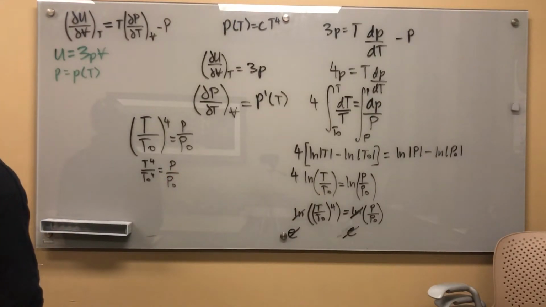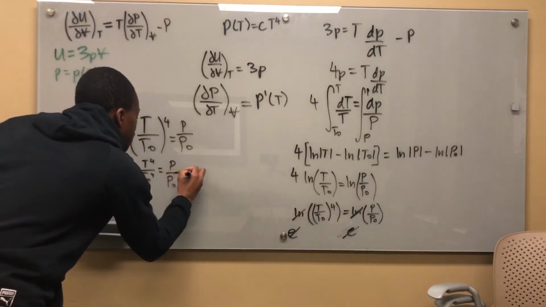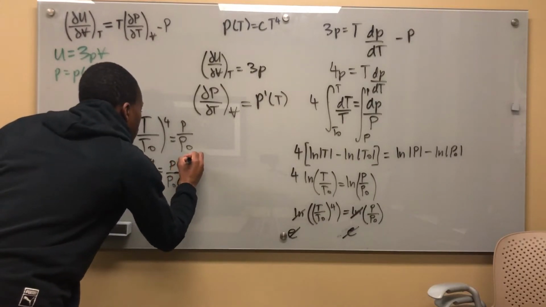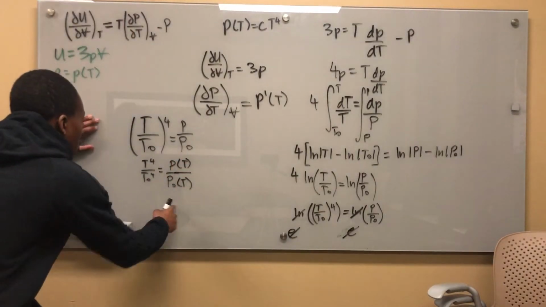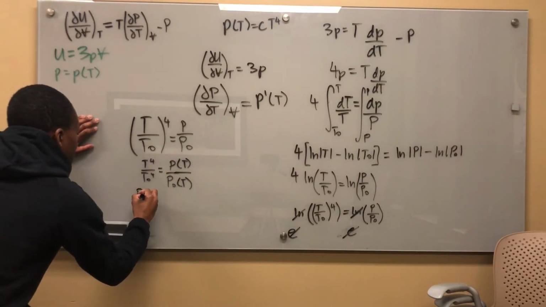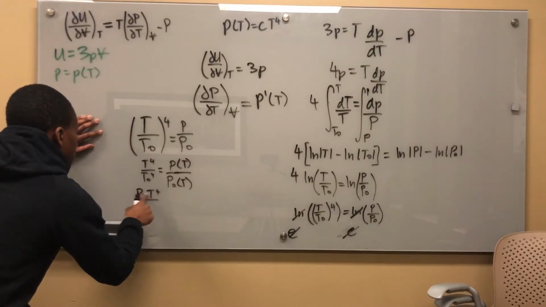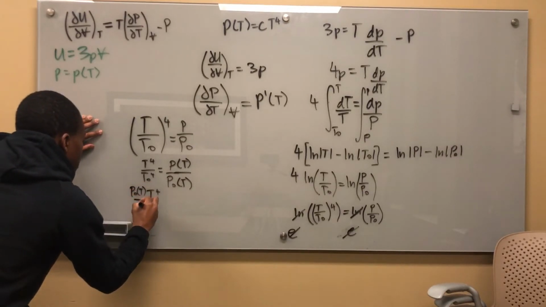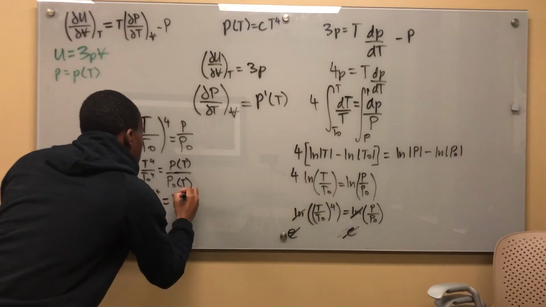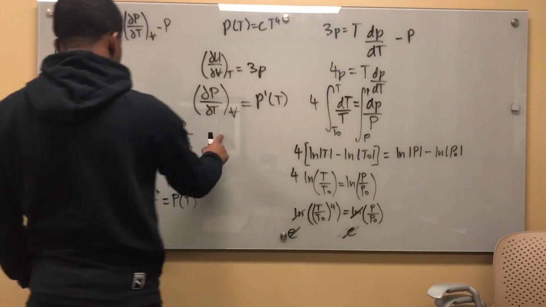Now, I'm trying to solve for this P, right? Yes, because these P's are just functions of T's, right? They didn't change as we were dealing with them, right? So I can go ahead and say P naught of T times T to the fourth all over T naught to the fourth is equal to P of T, right? Cool. Now, I'll bring this over here.